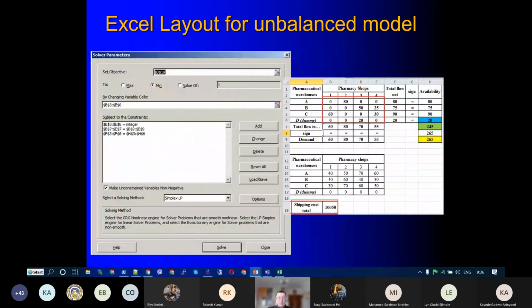Okay, this is a correct example for the case I have just demonstrated. As you can see, a dummy row is added as well, with 20 availability as the given capacity. And here we have the updated transportation cost matrix. Definitely we have to update the flow in, flow out functions.